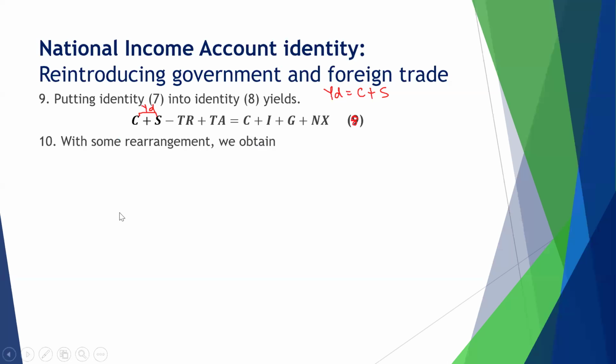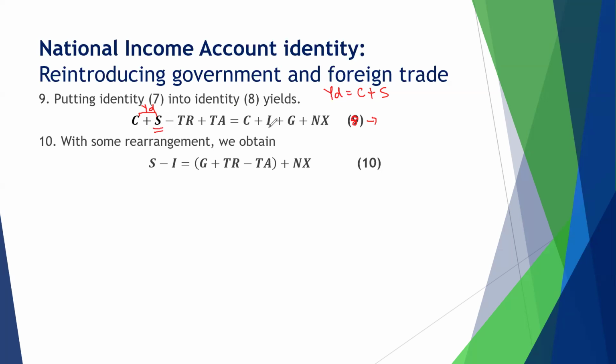Now, with some rearrangement, we obtain this equation. How do we arrive at that equation? What we did here is isolate savings.